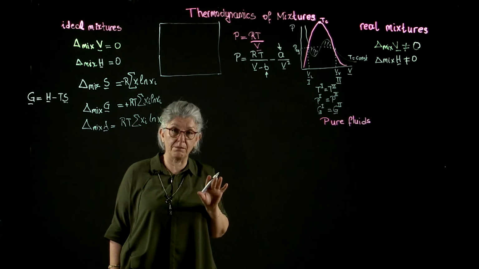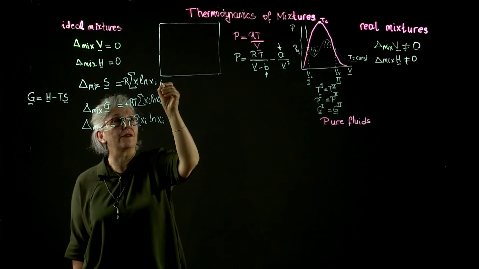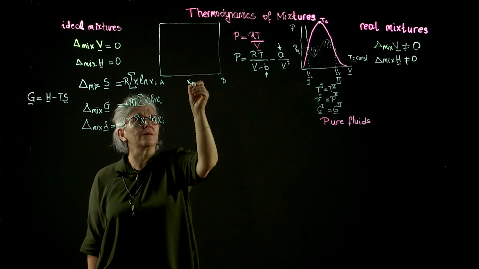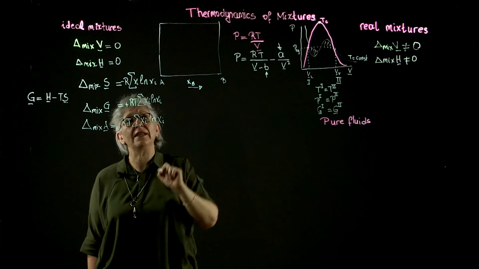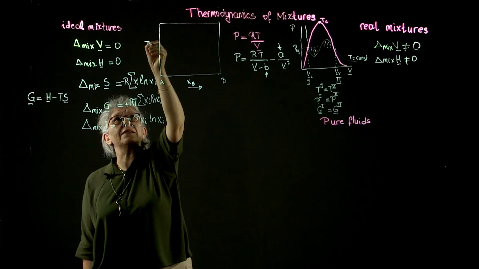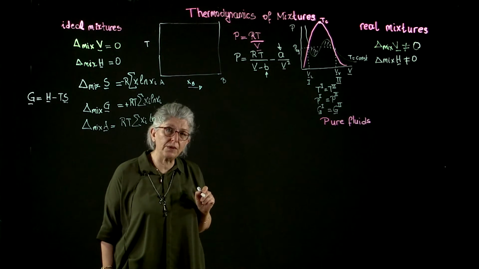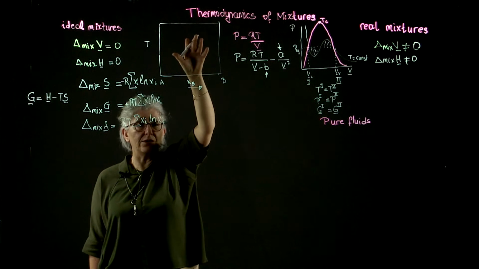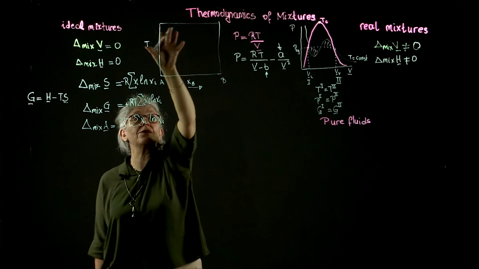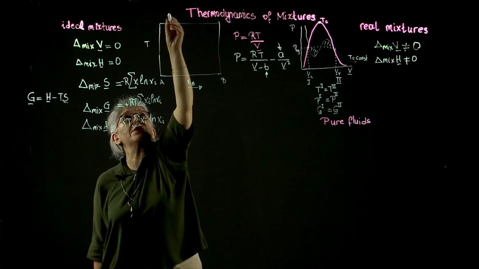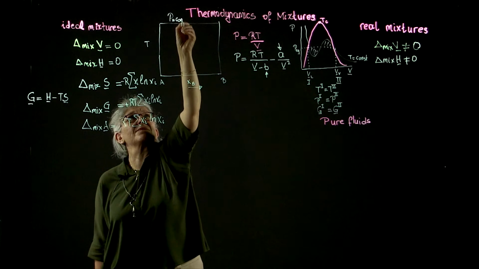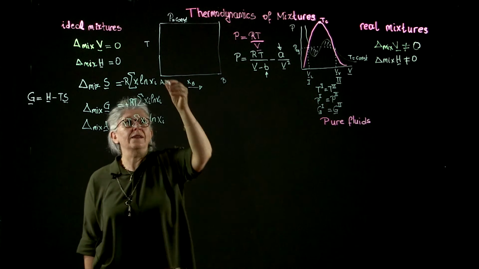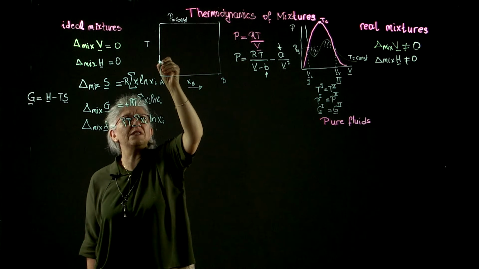Let's keep our mixture a binary mixture of A and B, and the mole fraction of B is increasing in that direction, and this is the boiling point of that mixture. Here we have another dimension. On the two-dimensional surface we can only plot so much, so we're going to keep the pressure constant. In that constant pressure domain, let's have our low boiling component here.